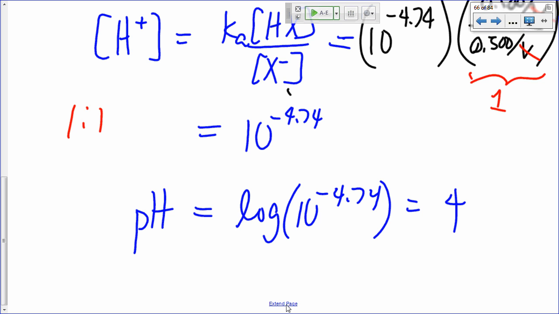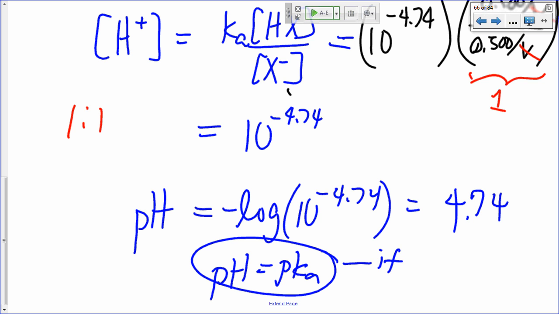It's just negative of negative, so it's positive 4.74. If the ratio is 1:1, pH will just be equal to pKa.